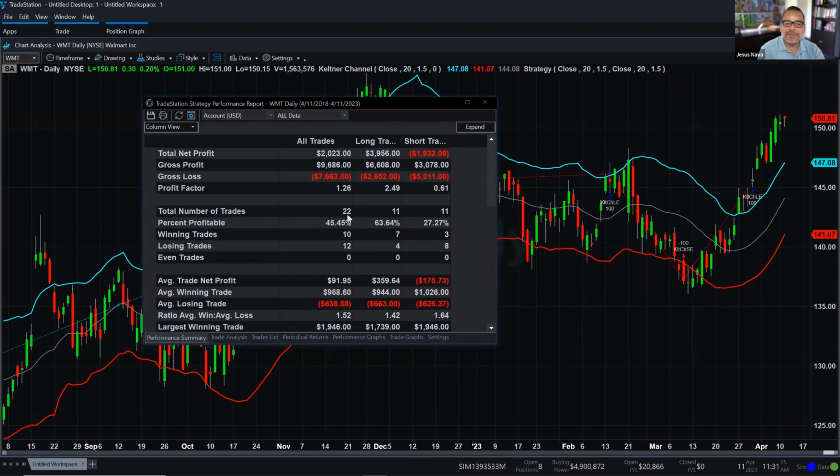But at the same time, that strategy is going to look at the entries that are generated by the Keltner channel and react to those positions. And those targets and stops that you're using, even on a separate strategy component, will monitor those positions and will exit those positions when it has to.